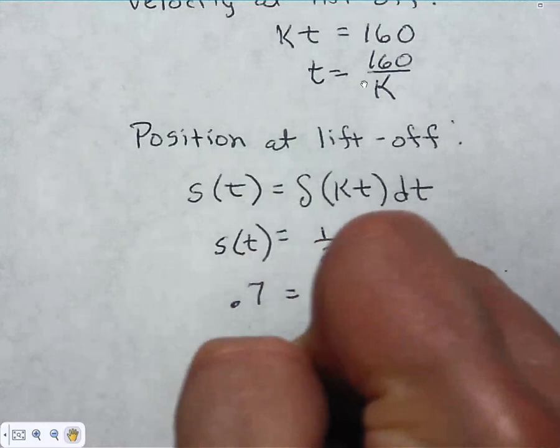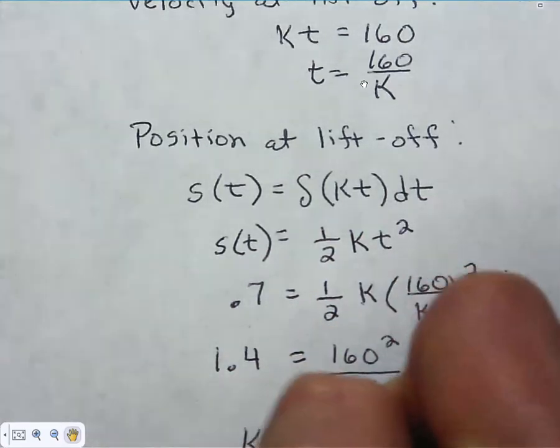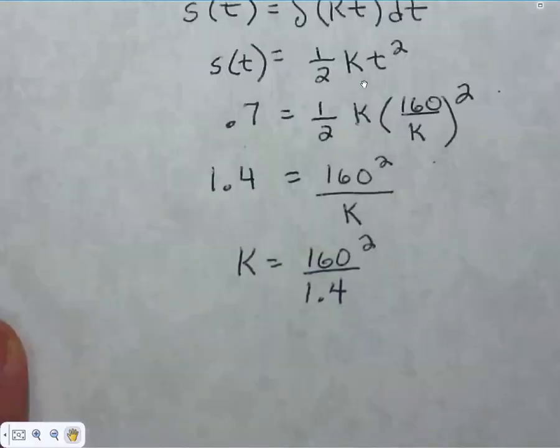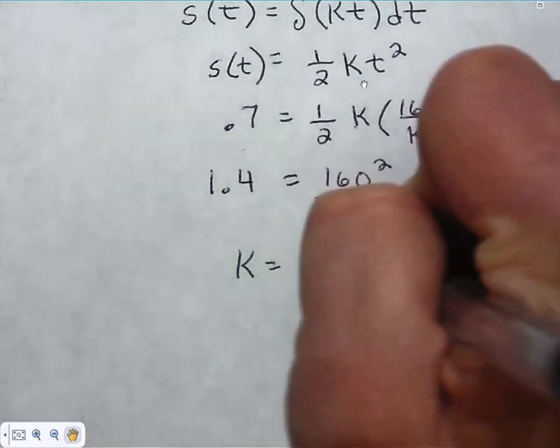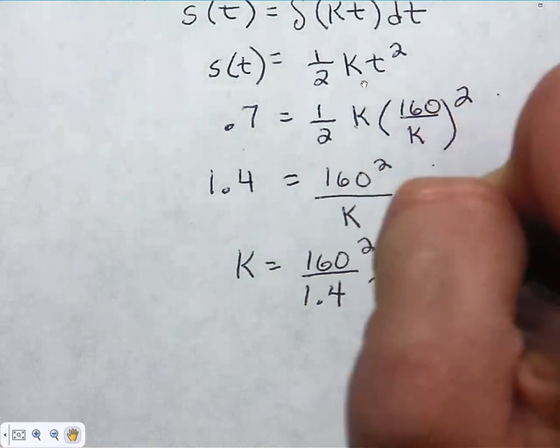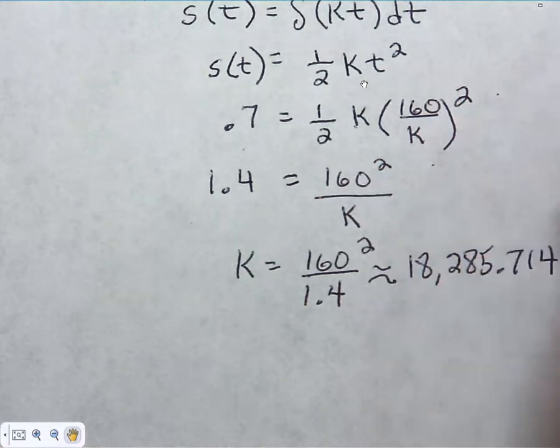And so that constant would be 160 squared over 1.4. I've already punched that and gotten it to be 18,285.714.